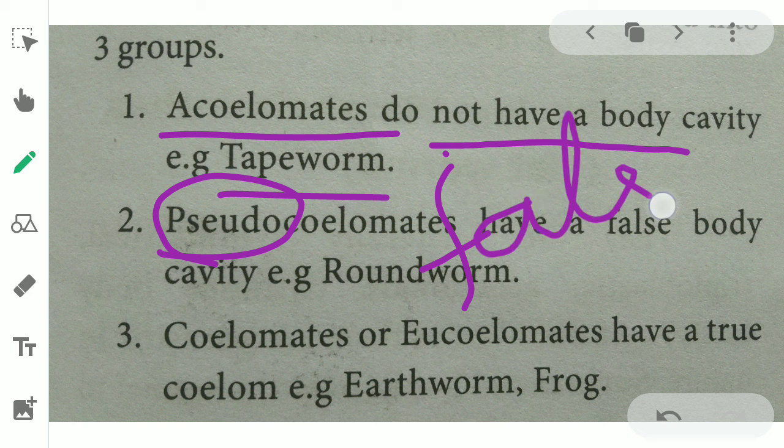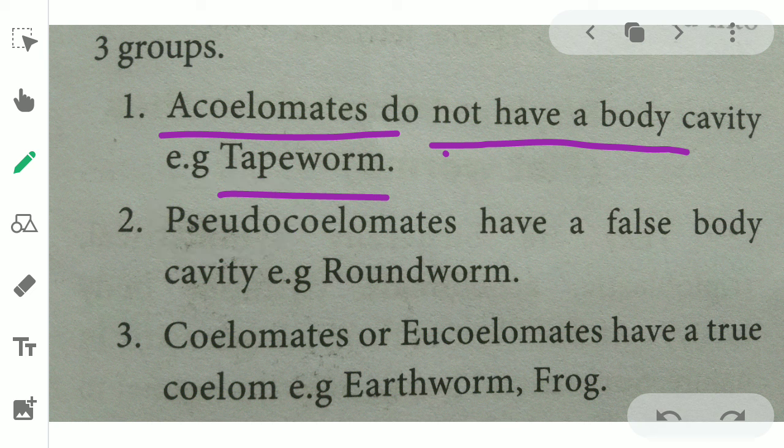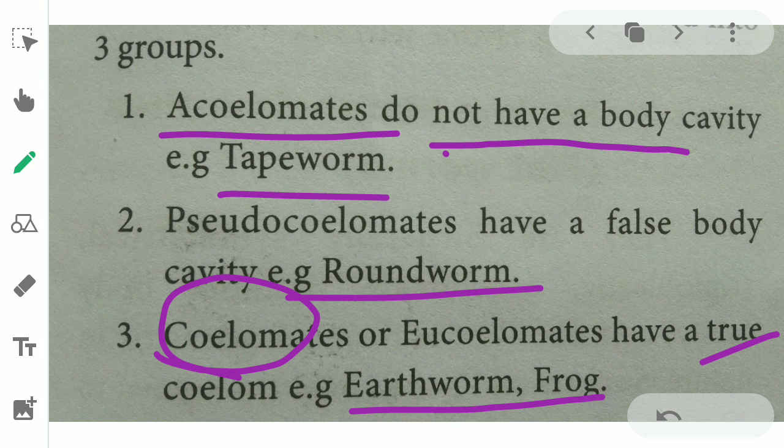False coelom. The true coelom is absent. That is, for example, roundworm. Next, coelomate. Coelomate means true coelom. The coelom is present. Example, earthworm and frog.